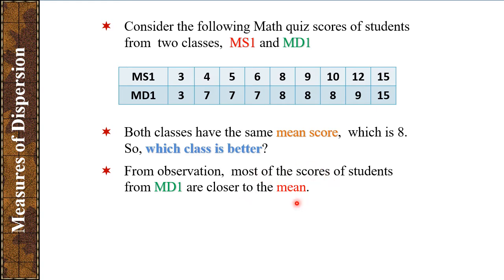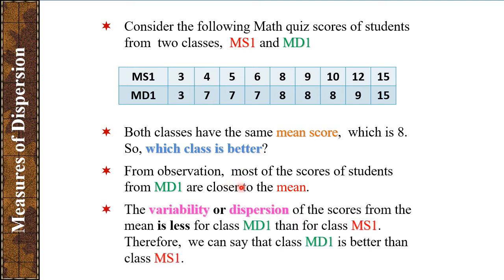Okay, so it doesn't necessarily mean that the higher mark is better. If we discuss in terms of dispersion or consistency, we can say that MD1 is better, being less dispersed and more consistent compared to MS1, which is more spread out.